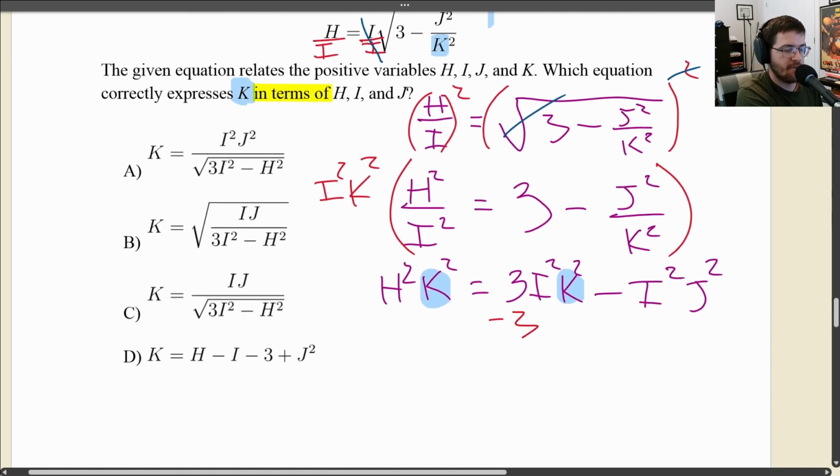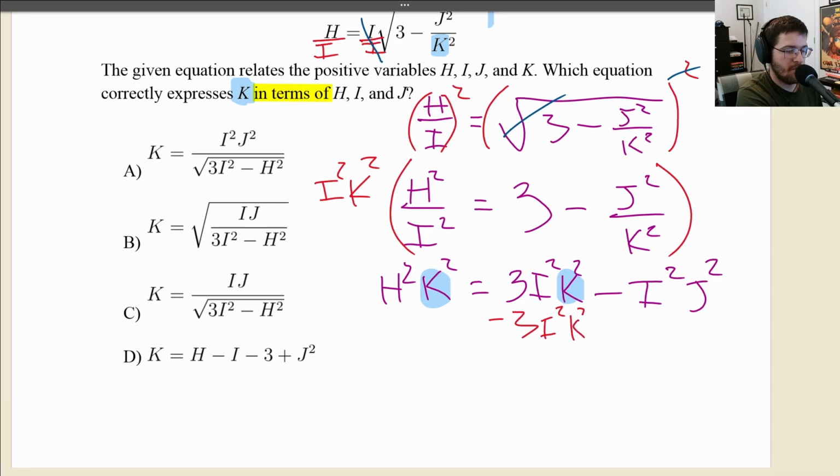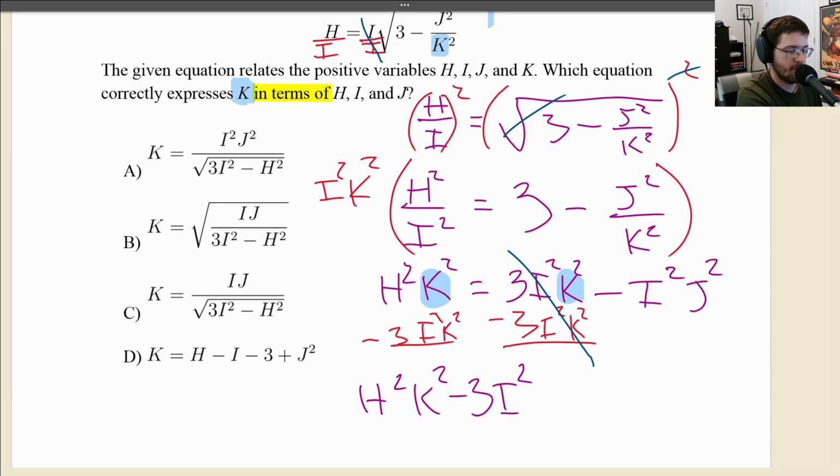So I'm going to subtract 3i squared k squared from both sides. Why don't I move him over there? And this guy will go away. And we get h squared k squared minus 3i squared k squared is equal to negative I squared j squared.